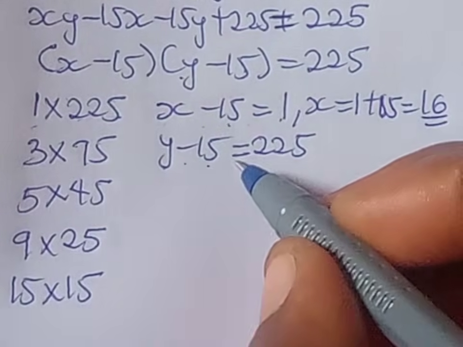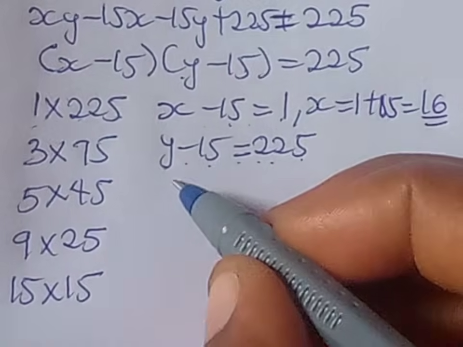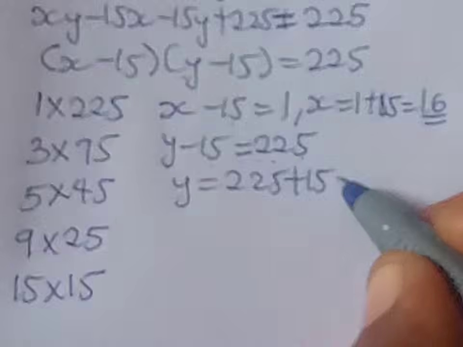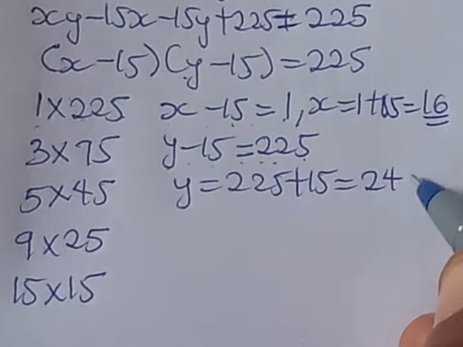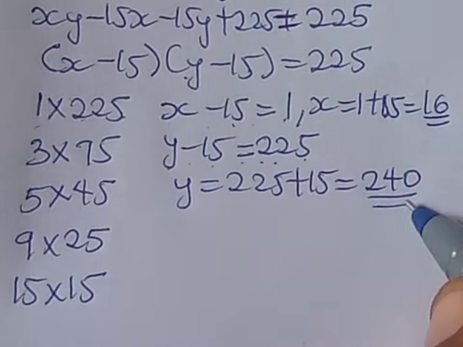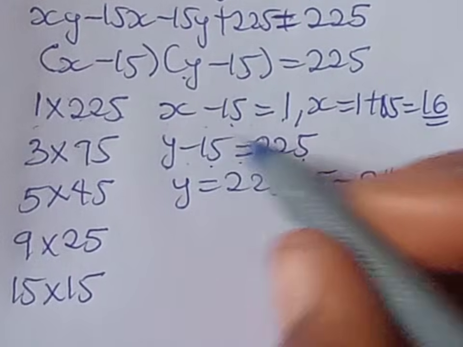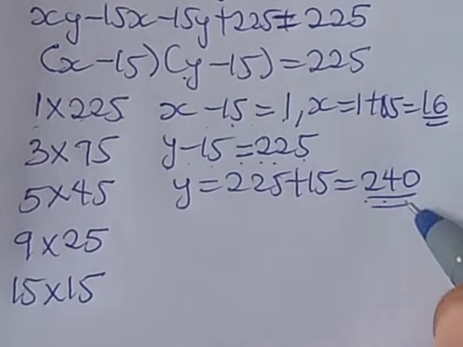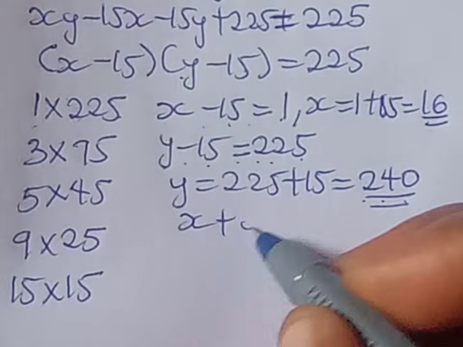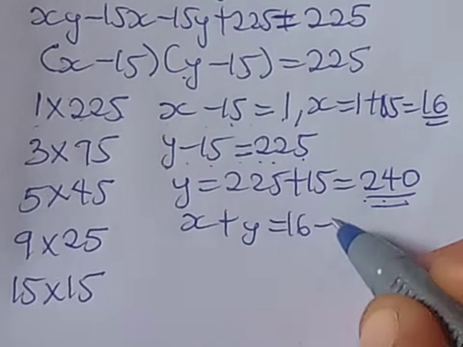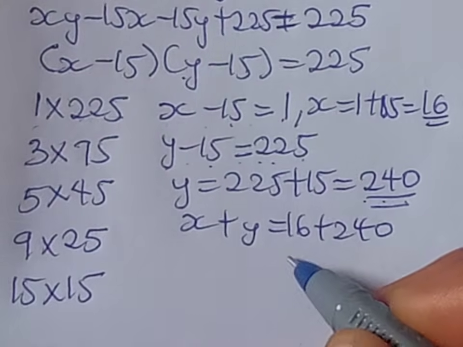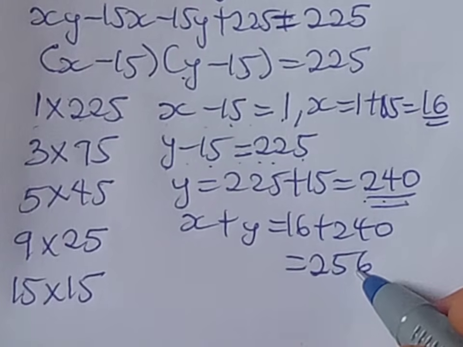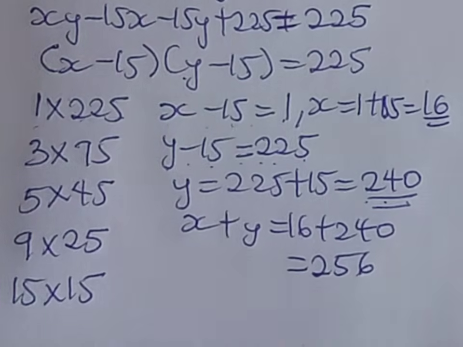Y minus 15 equals 225, so our y equals 225 plus 15, which will give us 240. At the end of the day, our first pair gave us x equals 16 and y equals 240. So x plus y equals 16 plus 240, which will give us 256.